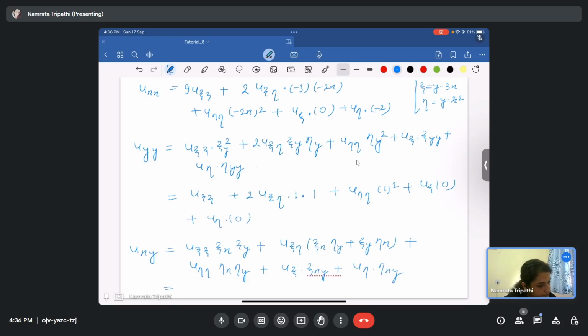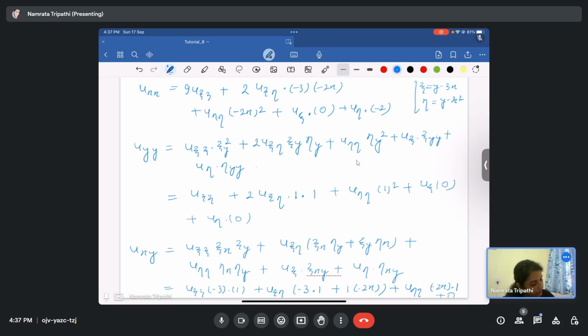Now xi of x is minus 3, xi of y is 1. For u xi eta, xi of x is minus 3 into 1, plus xi of y is 1, eta of x is minus 2x. Plus u eta eta, eta x is minus 2x, eta y is 1, and the rest of the terms will be 0.